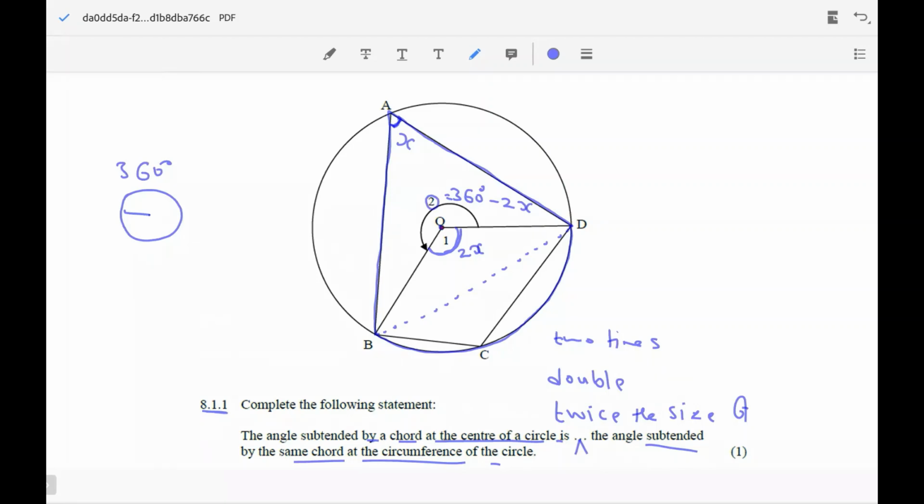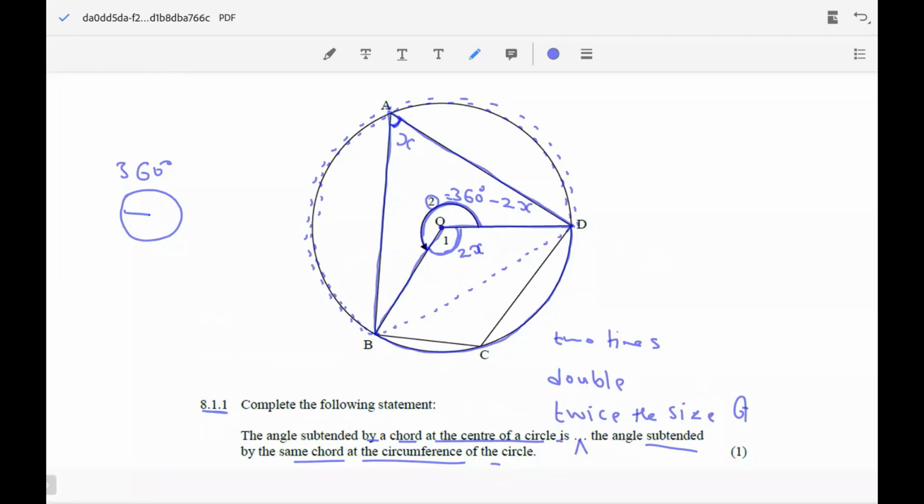Now that angle at the center, which is O2, is subtended by the major arc, the dotted arc. I hope you can see that arc, the dotted arc on top. So that arc there is subtending our angle O2 at the center.